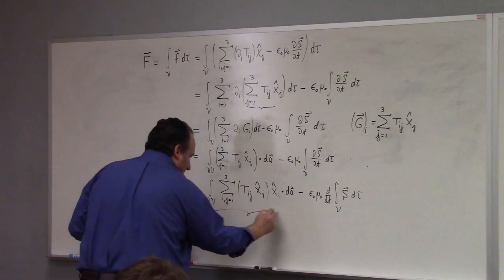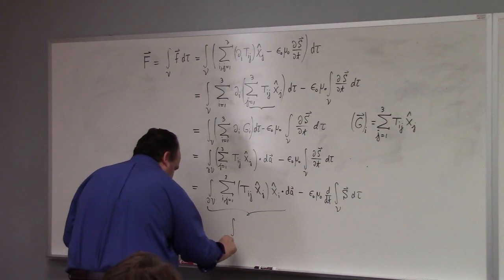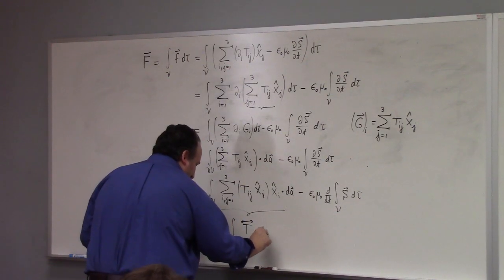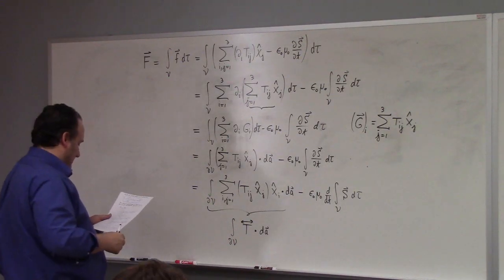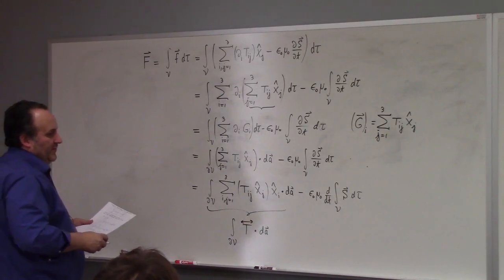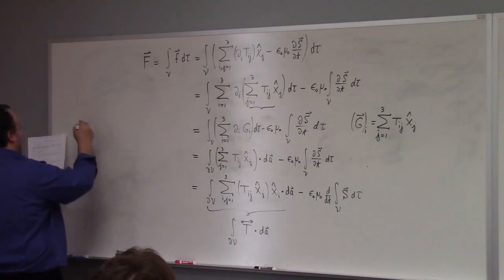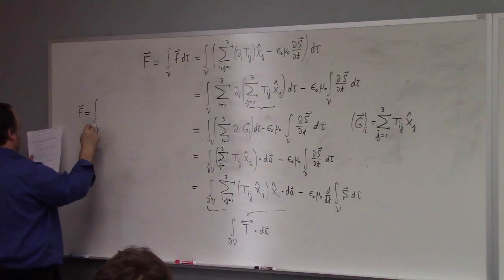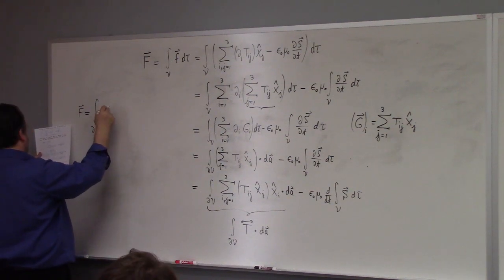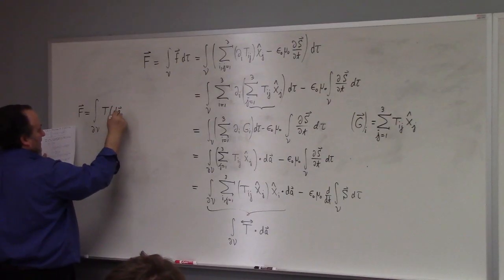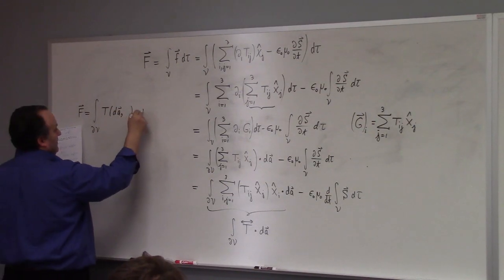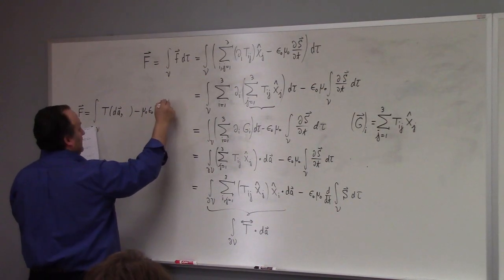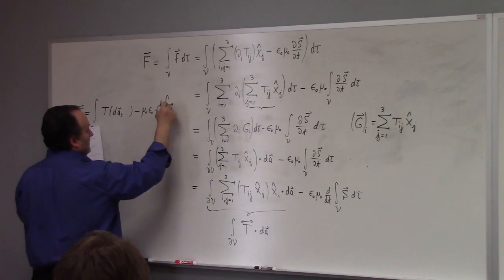Now this thing, Griffiths has a different notation for. He calls this the integral over the boundary of the volume of T double arrow dot dA. I think a better notation would maybe be this: F equals the integral over the boundary of the volume, where we take the stress energy tensor, evaluate it at dA, and leave the other slot open, and then minus mu naught epsilon naught d/dt of the integral over the volume of S d tau.